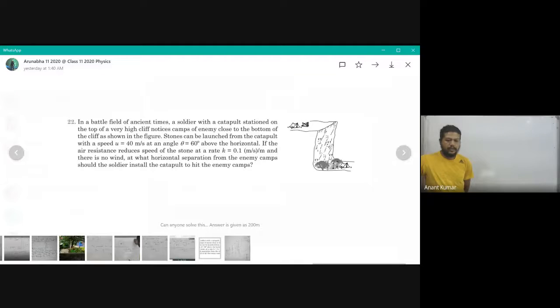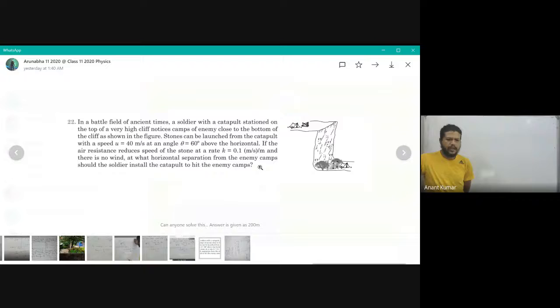Okay, that is the question that you could see now in your screens. Can you see the question? The battlefield of ancient times, a soldier with a catapult stationed on the top of a very high cliff notices camps of enemy close to the bottom of the cliff as shown.